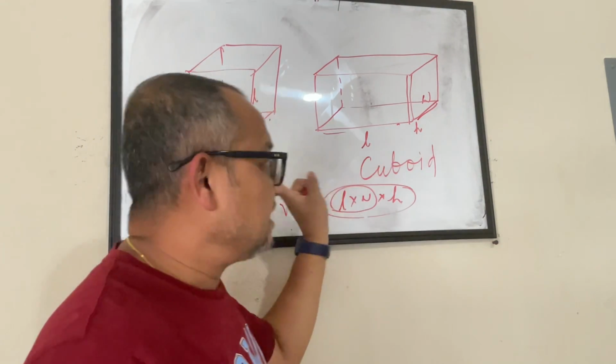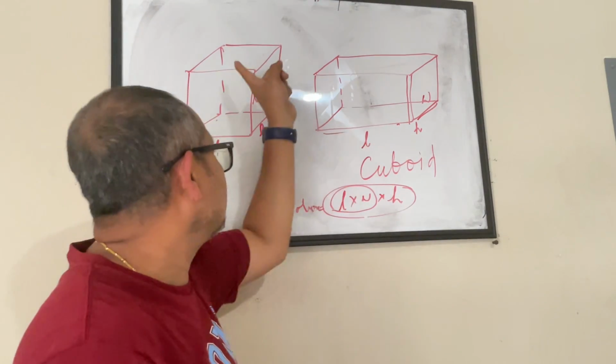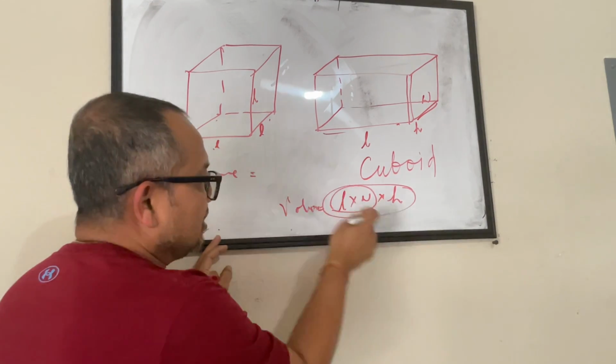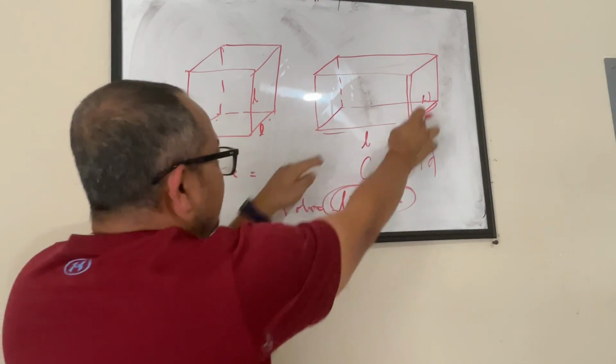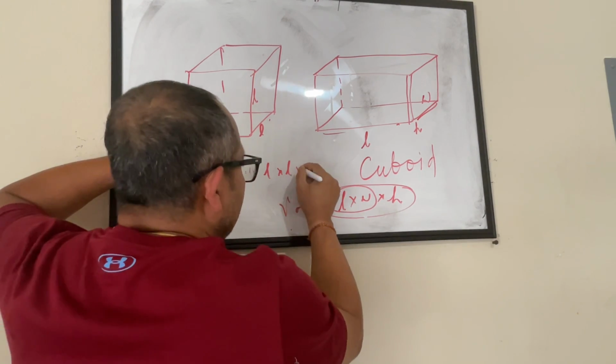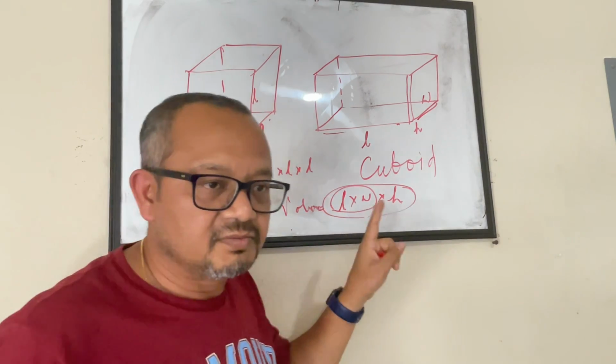Meaning length, width and height all are the same. That's why I'm calling it length, length and length. So again, same thing, it is no different from the cuboid: length times width times height. Here we know length is L, width is also L, and height is also L. So that is what becomes my volume for a cube.